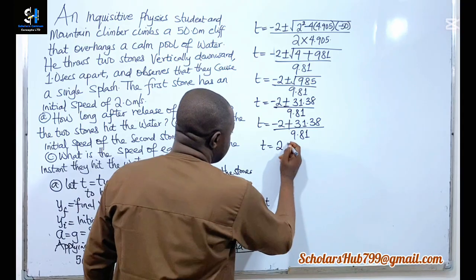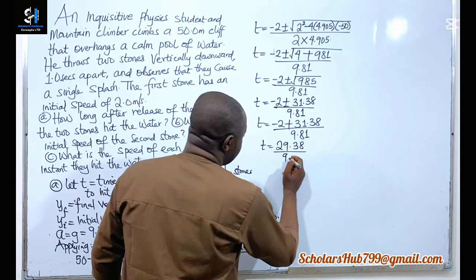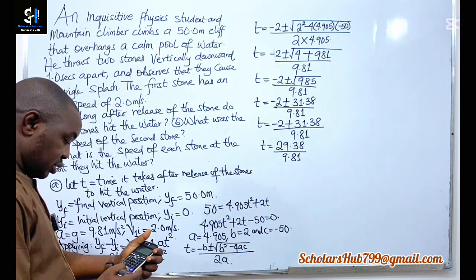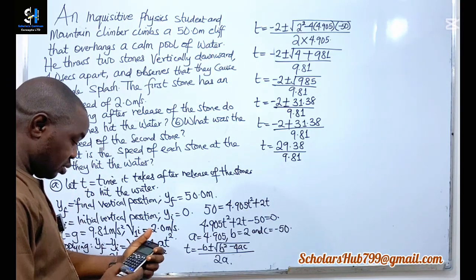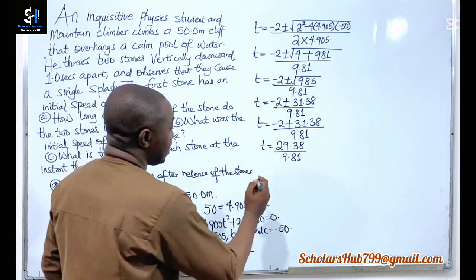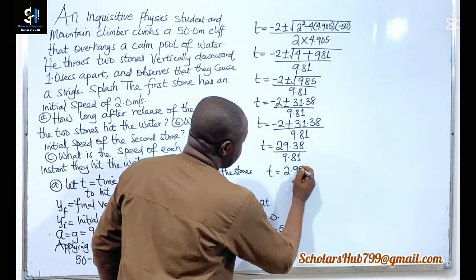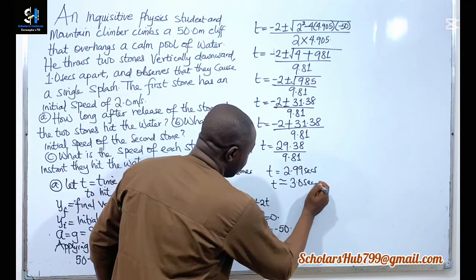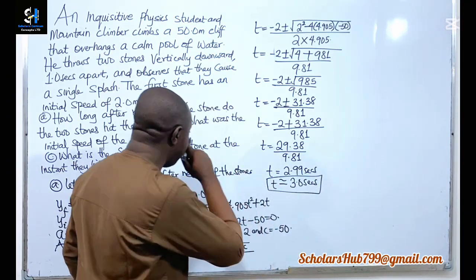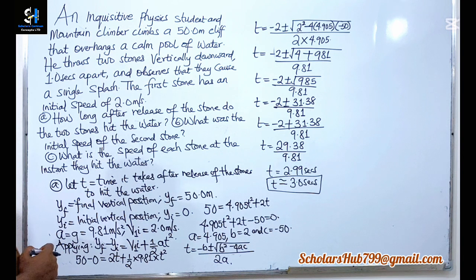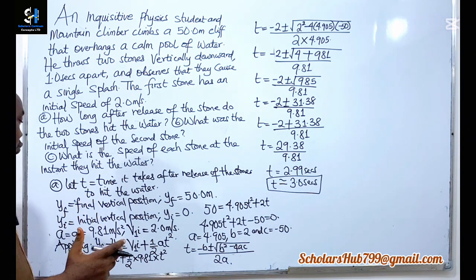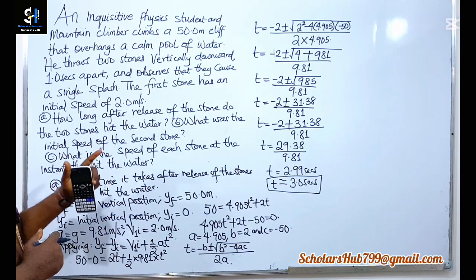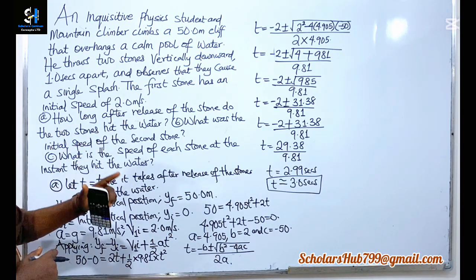This will be 29.38 divided by 9.81, which is 2.99 seconds. So T will be approximately 3.0 seconds. This is the time after release of the stones to hit the water. That's the answer for the first question.